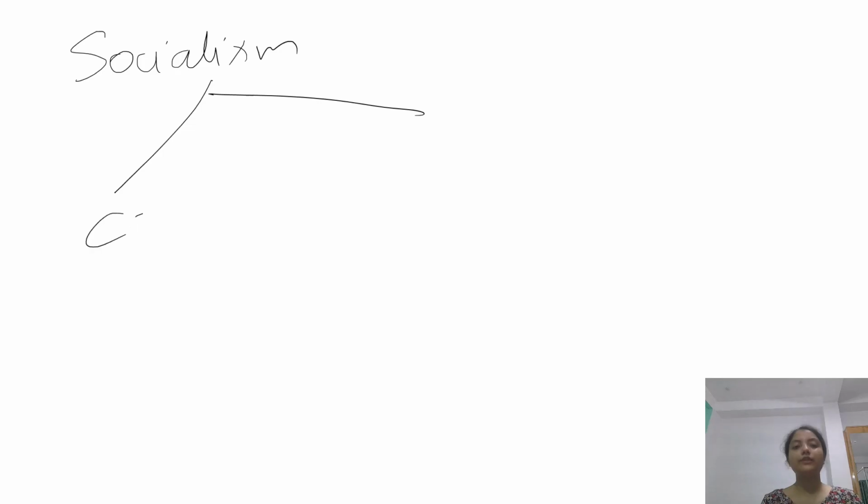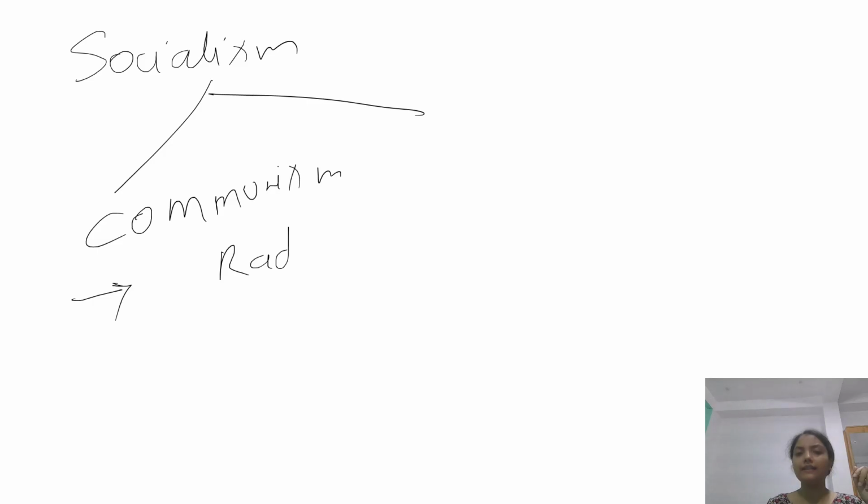Many more ideas emerged from socialism, like communism. Communism is also a philosophy that talks about the collective ownership of the resources, but how is it different from socialism? It is more radical in nature.